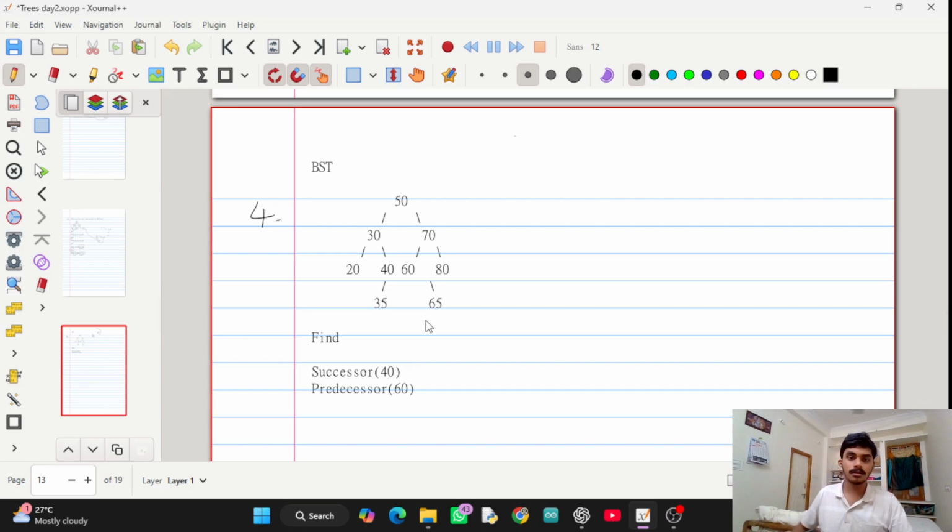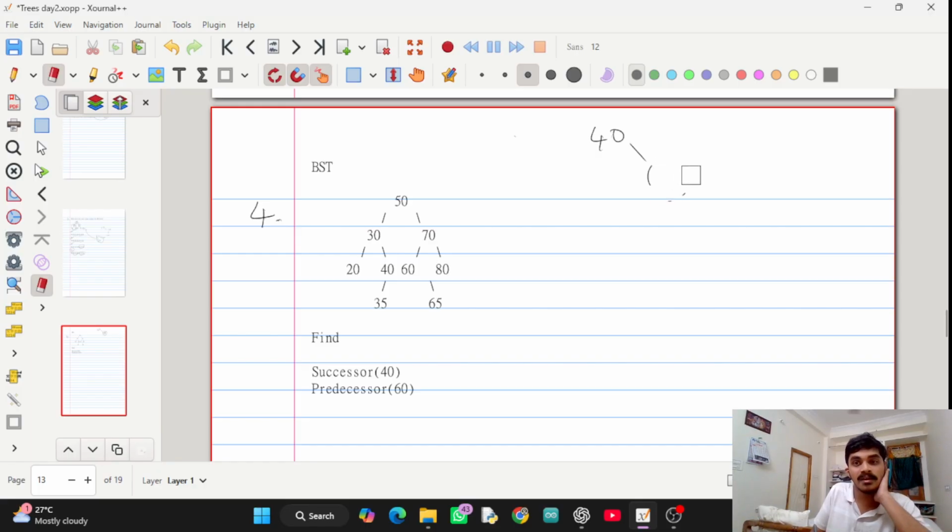Find the successor of 40 and predecessor of 60. So let us recap quickly. If 40 has something like 60, no, it cannot have 60 because it is 50. Let's consider 40 has something like 45. Then the successor of 40 will be 45. That's it, as simple as that.